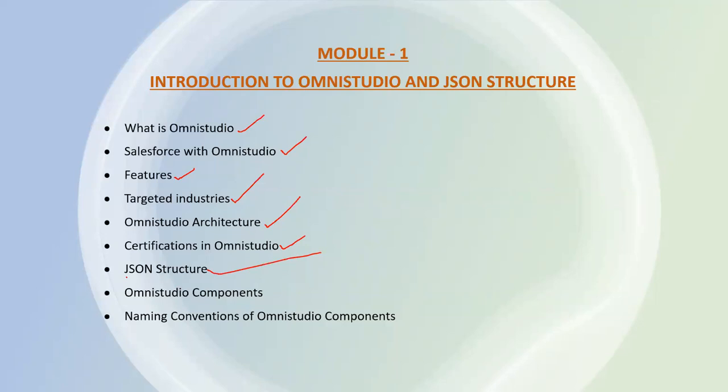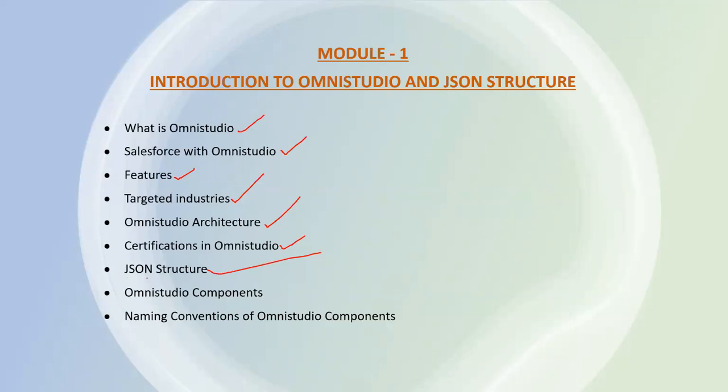Both are the same, but the naming conventions are different. There are many naming conventions used in OmniStudio. Some might refer to it as path, some as root node, sub node, child node, subpath, parent node. So there are many nodes. And how to trim the JSON. These kinds of things we will be covering in JSON structure.